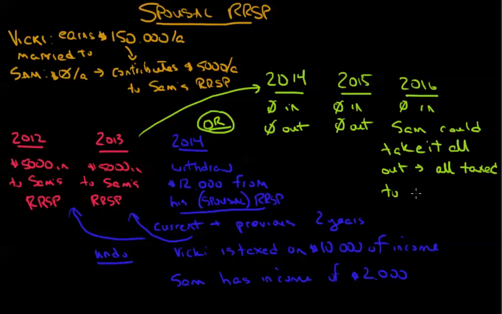But we have to go 2 full years without any withdrawals, any contributions, and only then do we start to have Sam with the ability to take that money out. There is one more way that we could work around this. I'll talk about that when we talk about the RIF in a separate video. But just within the context of the RRSP, this is exactly how it would work.